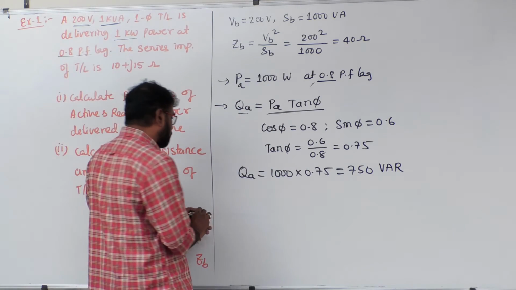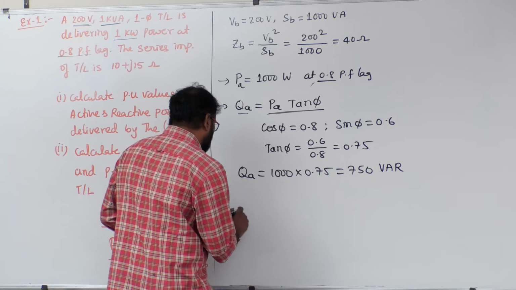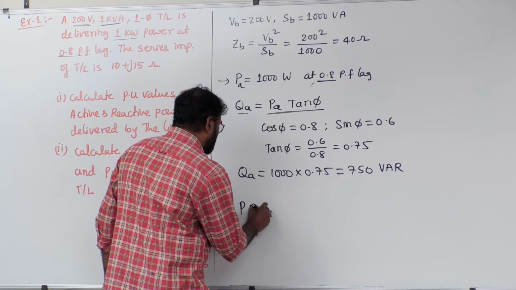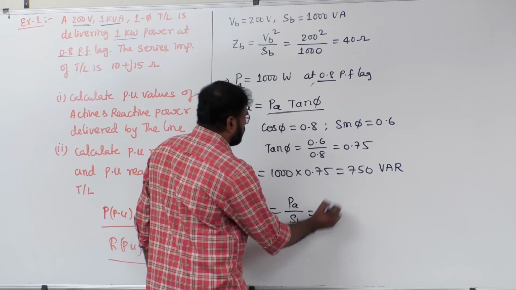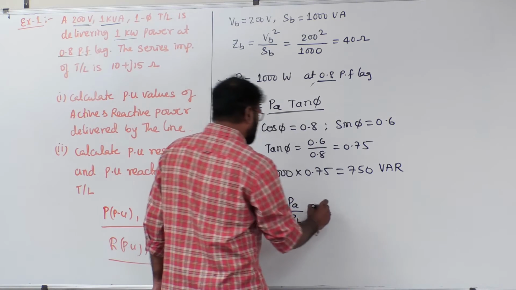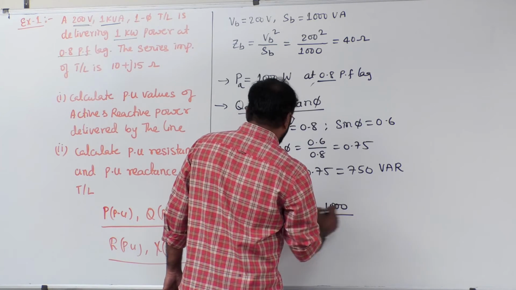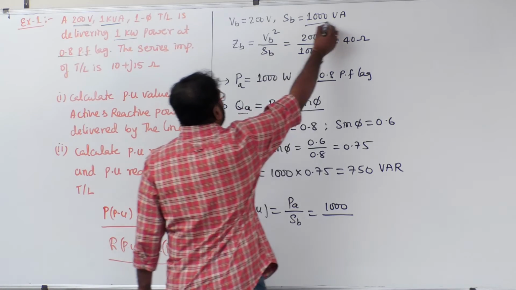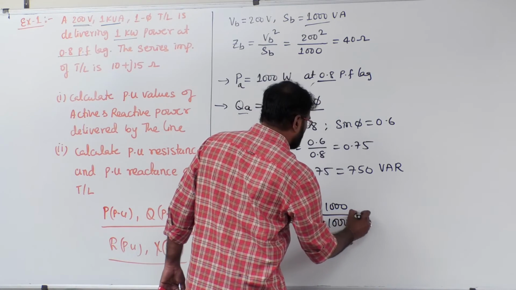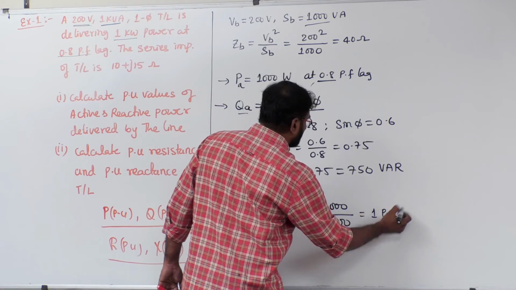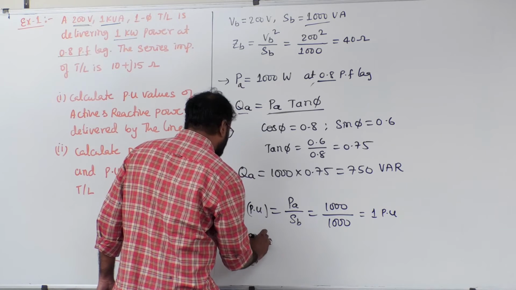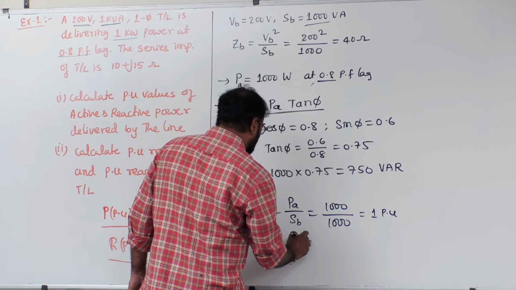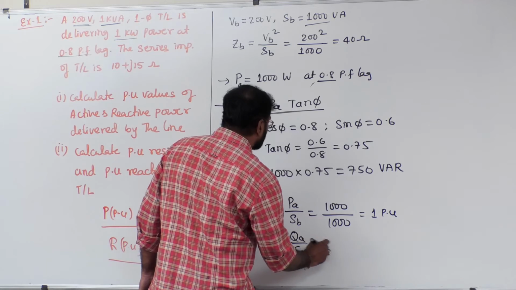Now let's see what is P per unit. P per unit equals P actual by S base. What is P actual? 1000. What is S base? Again 1000. So 1 per unit. Now what is Q per unit? Q actual by S base.